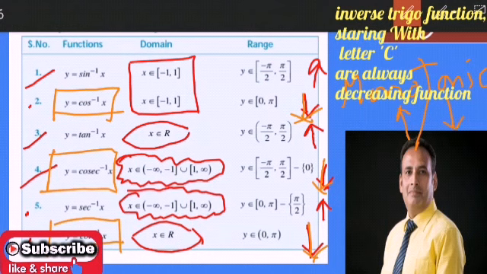As these functions are inverse, existing for inverse, they should be one-one functions, and one-one functions have a single image. So they are either increasing or decreasing. It means they have monotonic nature, monotonically increasing or monotonically decreasing.